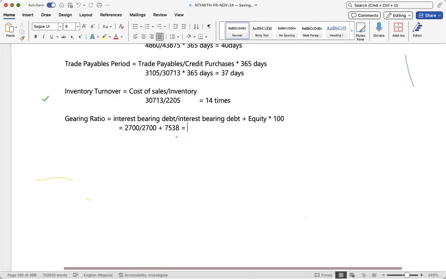Then 27 over 7,539 gives 26.37, let me say 0.4%. This is the formula, and I'm going to be multiplying it by 100.